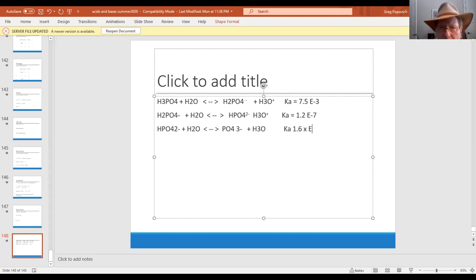Again, do not quote these numbers: the first one's legitimate, the next 2 are not. The next one's going to be even smaller.